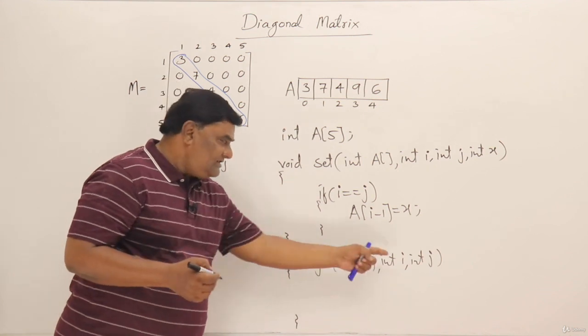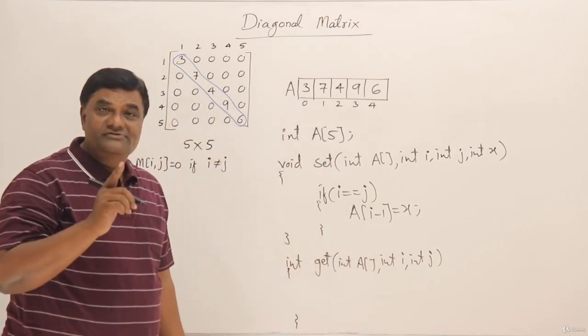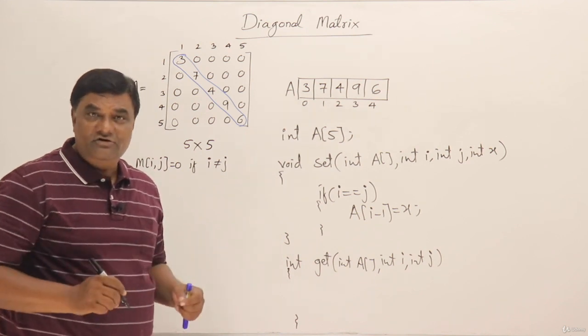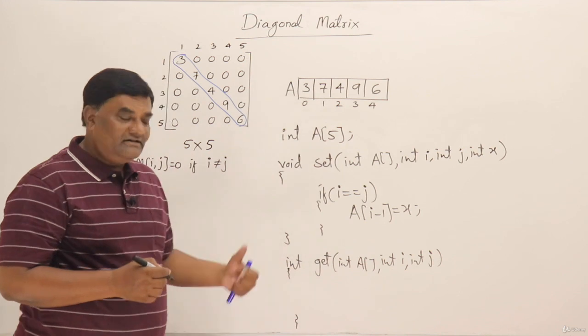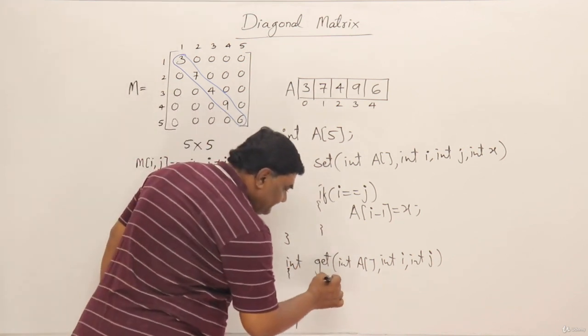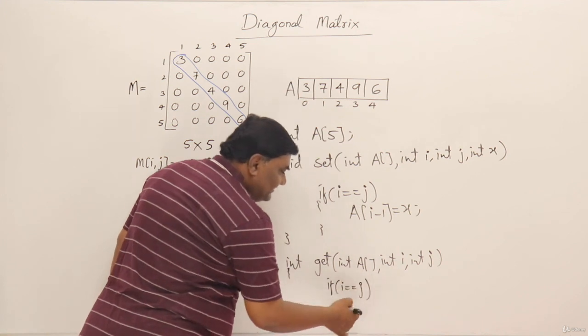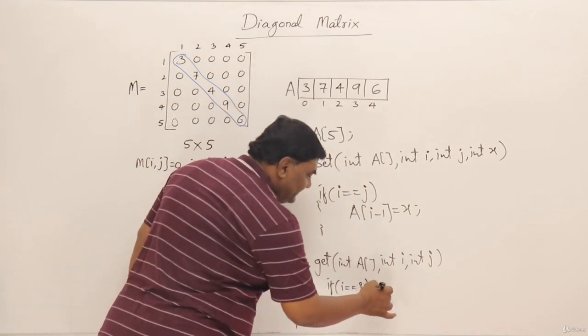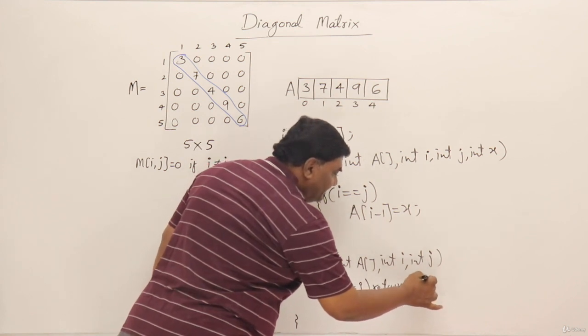Now inside this, I have to retrieve an element. Whatever the i and j values are given, from there it has to retrieve an element. But first of all, it should check whether i and j are equal or not, because we have elements only for i equal to j, that is the diagonal. So check if i is equal to j. I will write it in the same line: if it is equal, then return A of i minus 1.